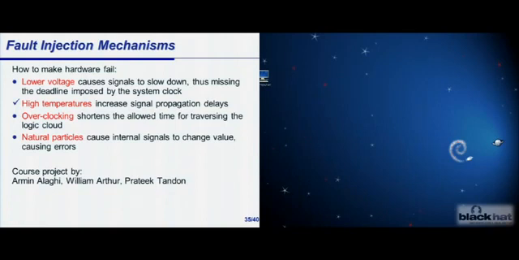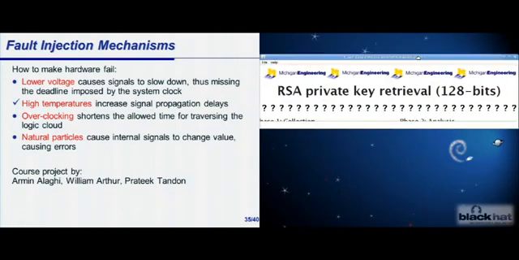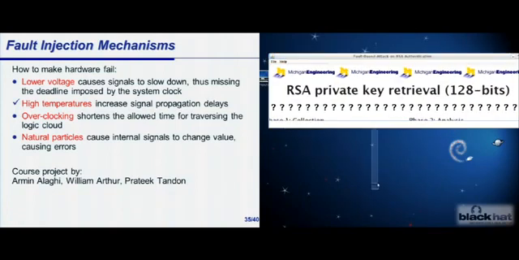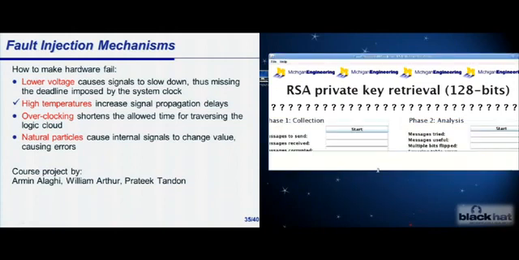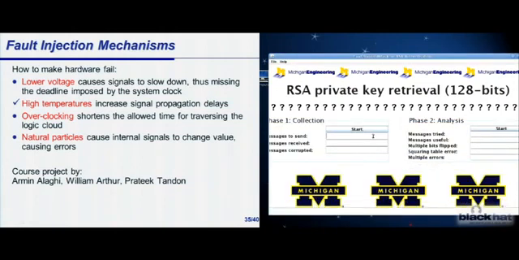Okay. My last attempt at this. So here I'm trying now to send messages to my server and get messages back.